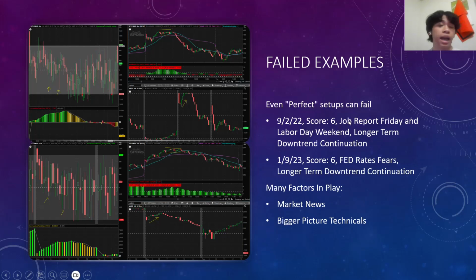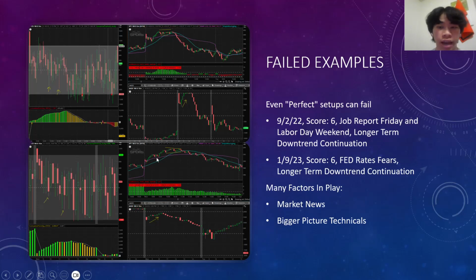And what I can attribute that to is the market news and the bigger picture fundamentals, the bigger picture technicals. So on that day, it was a job report Friday, and following that would be a Labor Day weekend. So there'd be no trading on the Monday, and the technicals with that is a longer term downtrend continuation.